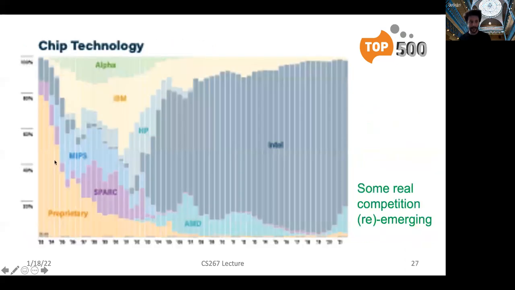So that's the trend. What about the chip technology? How is it evolving? At least nowadays, we're seeing some real competition re-emerging here. In the last decade or so, we have seen Intel's share getting bigger and bigger, almost to 95% plus of machines on the CPU end. Again, this doesn't include the GPUs here.